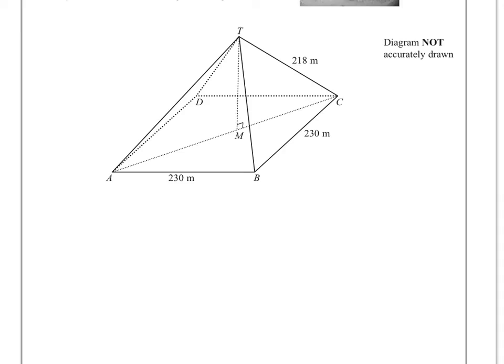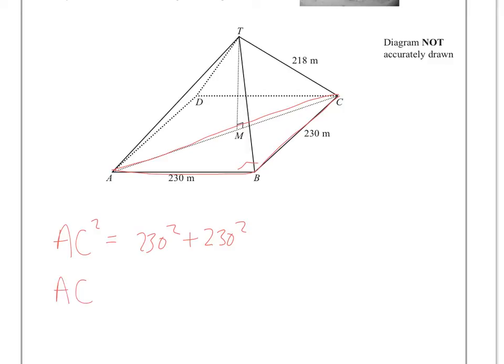In order to calculate the height MT, well, first I'm going to do Pythagoras' theorem on this triangle here. I want to calculate the length AC. So AC squared equals 230 squared plus 230 squared. That bottom triangle is a right-angled triangle.